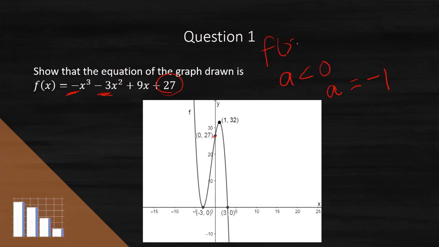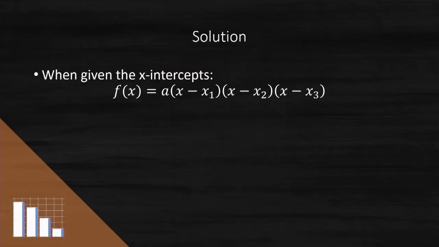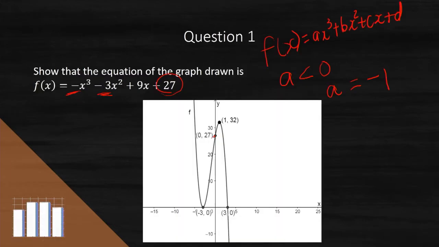Well, the fact that f of x is equal to ax cubed plus bx squared plus cx plus d. So another way we could ask this question is to say, well, show that a is equal to negative 1, b is equal to negative 3, c is equal to 9, and d is equal to positive 27.